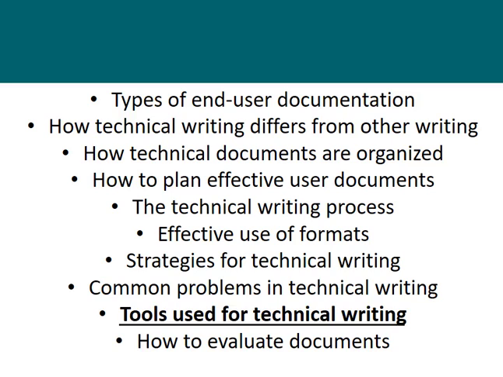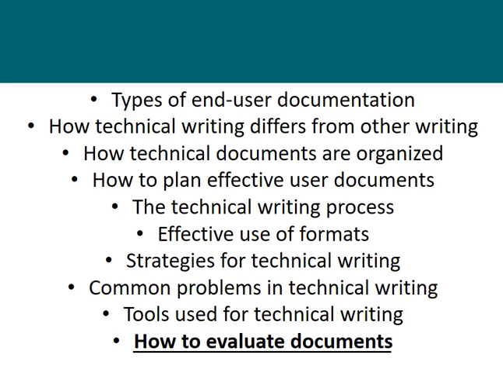The last area that we'll talk about is how to evaluate documents. There are really 4 general criteria that can be used, and that's content, organization, format, and mechanics. When evaluating documents in the content area, ask yourself, is the information relevant? If it's not relevant, then it should not be part of the content of your document.